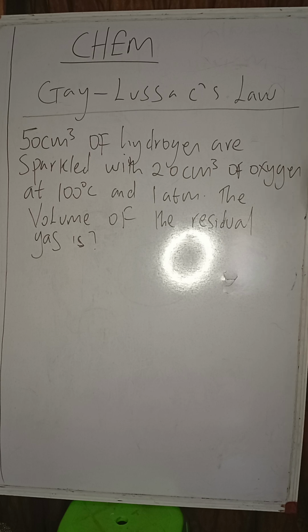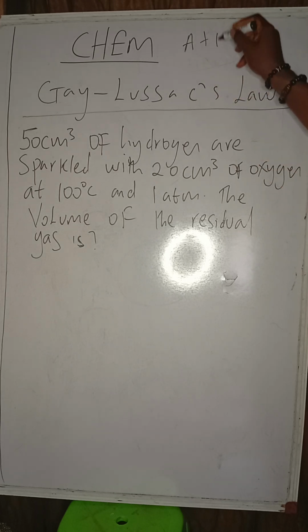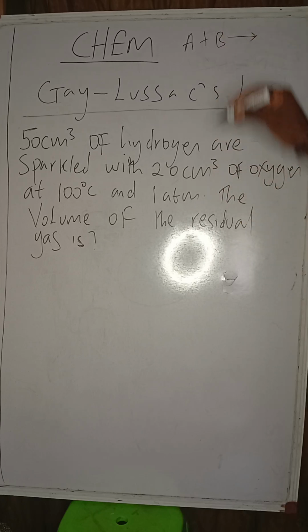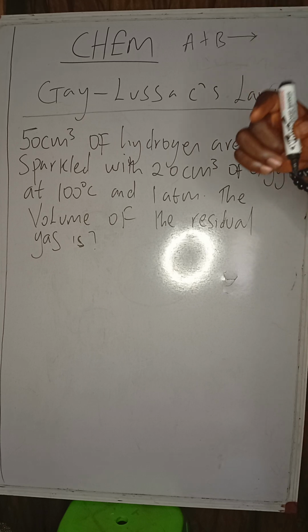The law states that if a mixture of gases, let's say A and B, chemically react together, they do so in ratio of their volume of the reactant. So what do I mean?